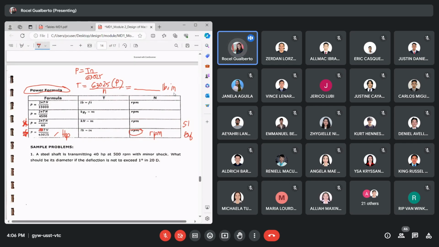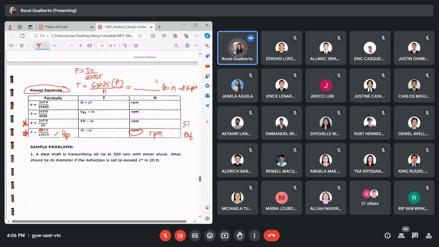Ang gawin nyo lang po, i-divide mo po by 1,000 para ma-convert po into kip inch. Kasi yan po yung pinakamadalas natin gamitin, since the values of the properties are in KSI, yung nasa table.